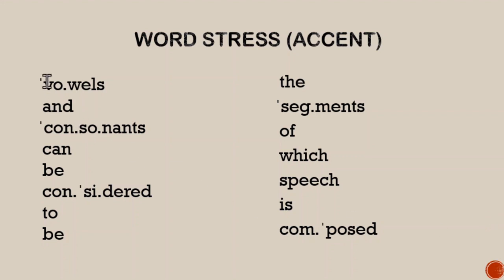In English, when there is a polysyllabic word, a word with more than one syllable, one of these syllables will have an extra emphasis. See, here it is vowels, and here it is considered. Stress is on the first syllable, or accent is on the first syllable, and here stress or accent is on the second syllable.